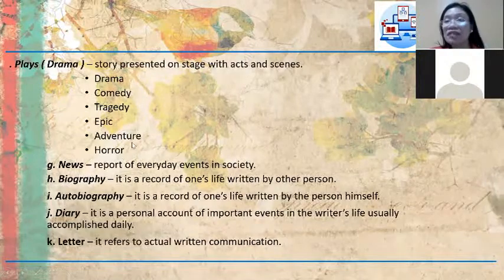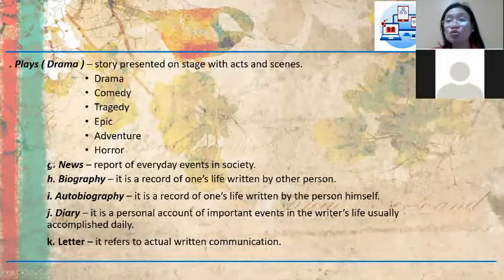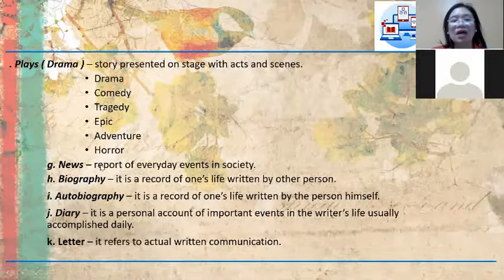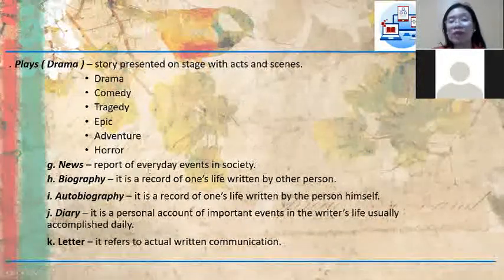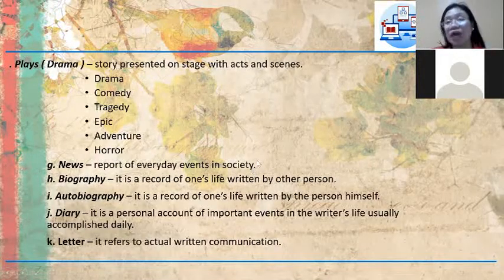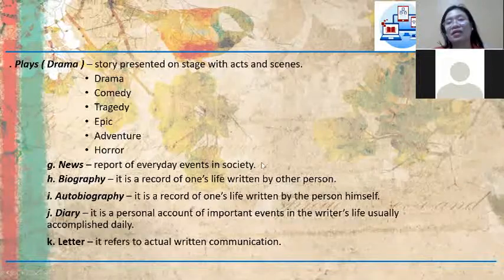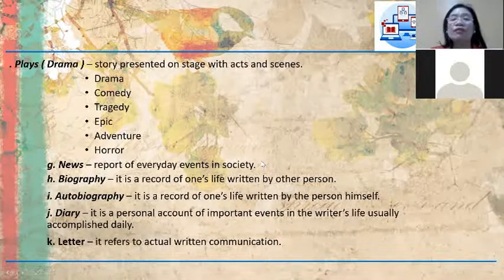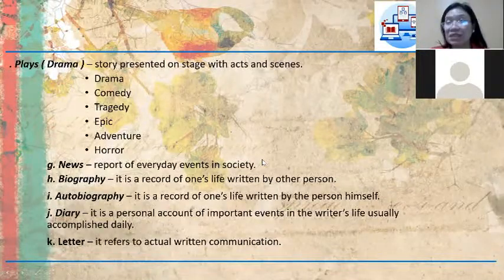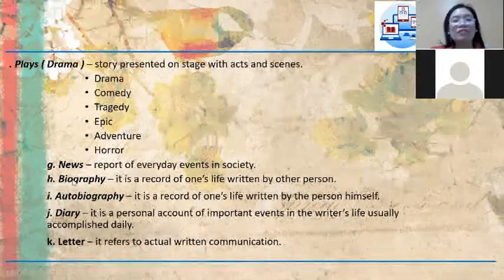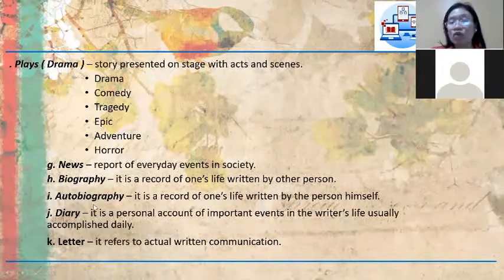Another form of prose is the news. News is a report of everyday events in our society or in our environment. What is the latest news nowadays? And then we have here a biography and autobiography.